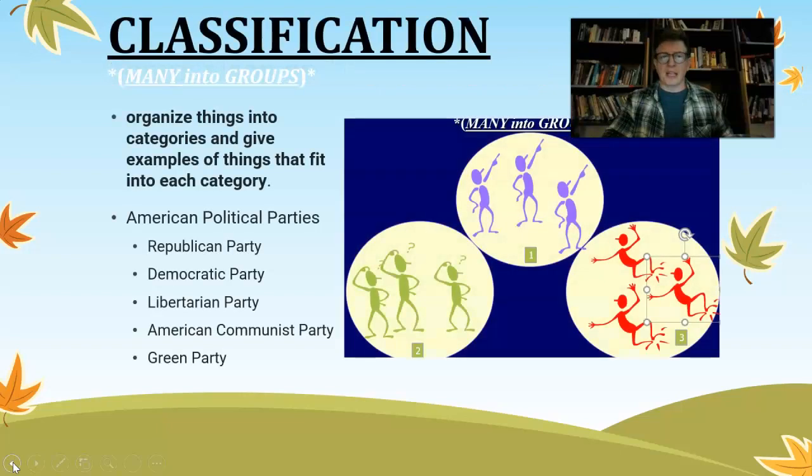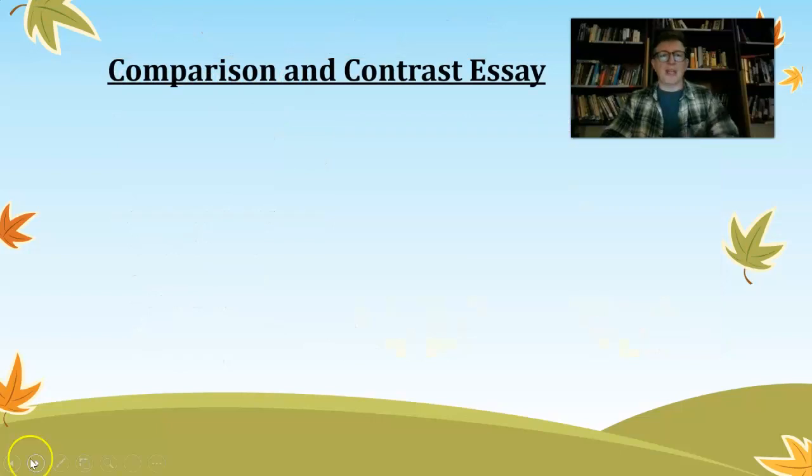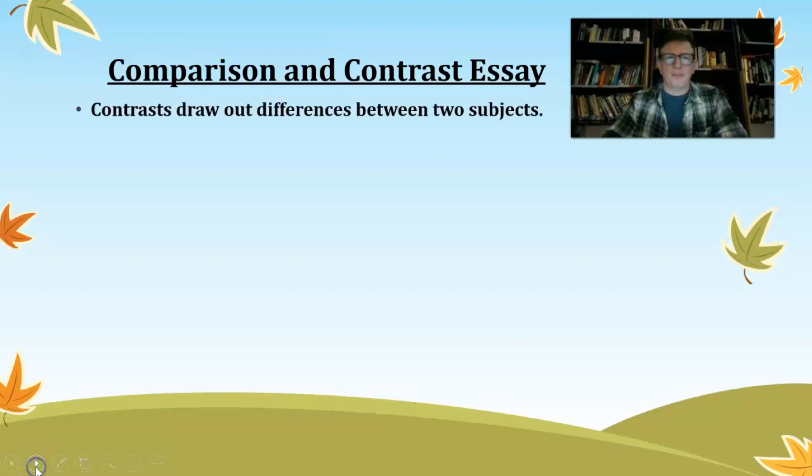But the difference is that a classification would be like you just talk about the Republican Party, you just talk about the Democratic Party, in your individual paragraphs. But in a comparison and contrast, you are talking about them together, the similarities and differences of the groups.